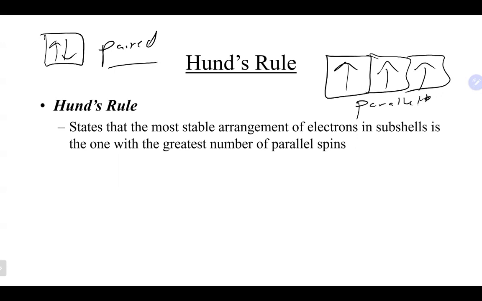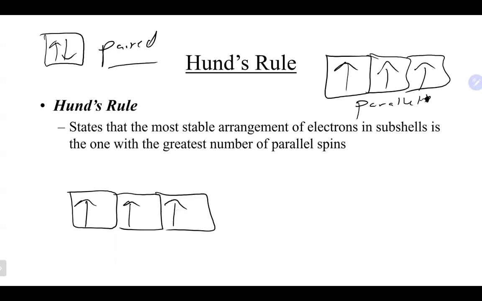So when you run into a p subshell which has multiple individual orbitals, a d subshell which has 5 individual orbitals, or an f subshell with 7 individual orbitals, we always fill the orbitals like this. When there are multiple ones in the subshell, we always do one at a time, left to right, and then we come back when we have no other options and start pairing off.